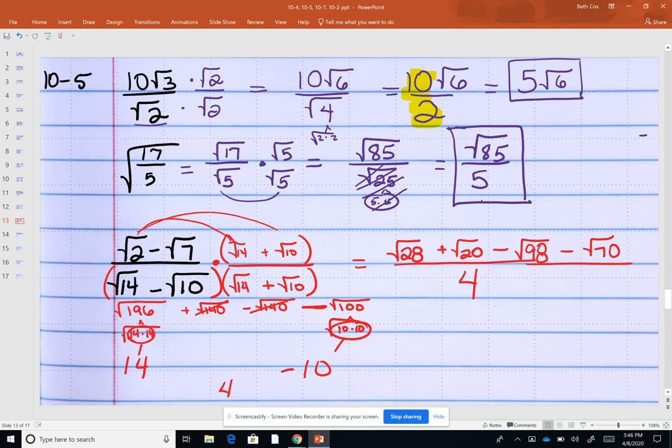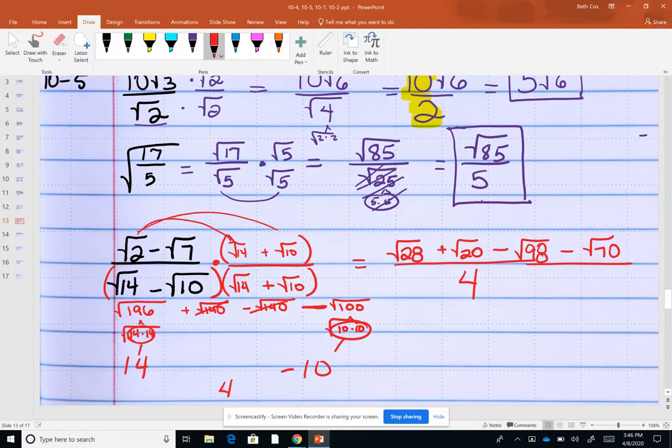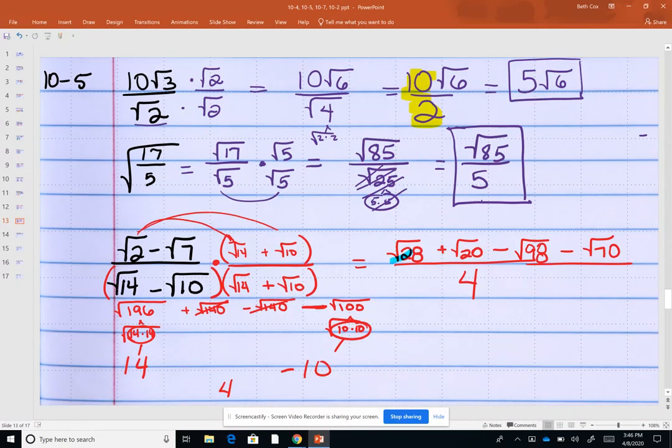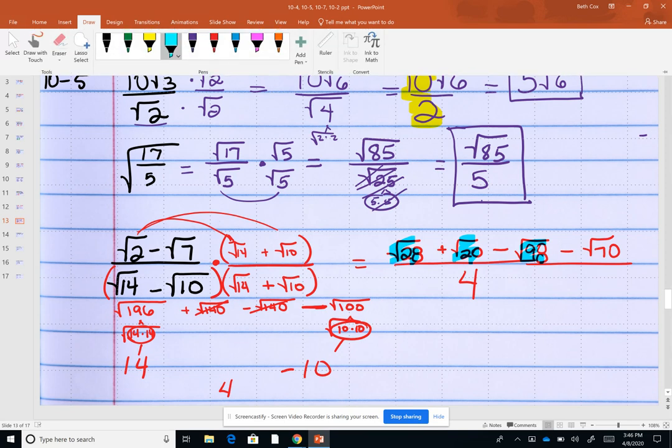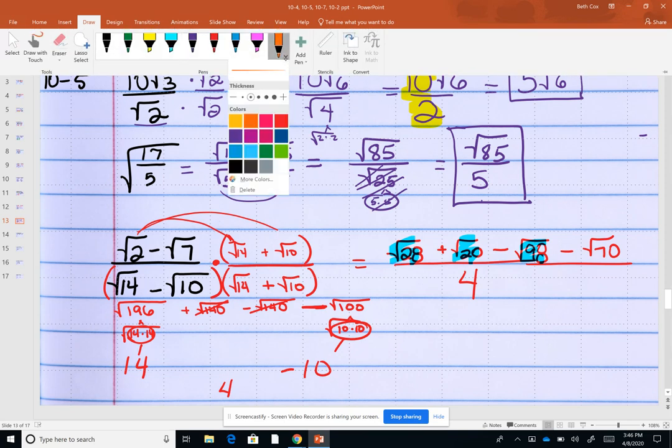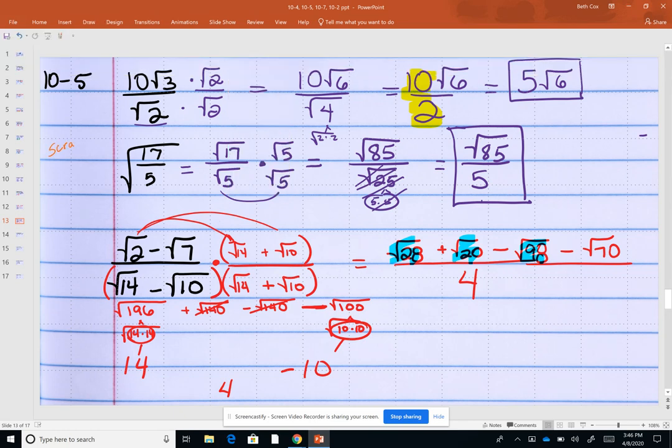Now, 3 of these can be worked on. We've got to simplify 3 of these. So this one, and this one. They all can be simplified. Square root of 70 won't simplify. So I'm going to have to do that on my scratch paper. So I can find some scratch paper around here somewhere. Let's see if I can find some scratch over here. All right. There. The margins are great for scratch work.